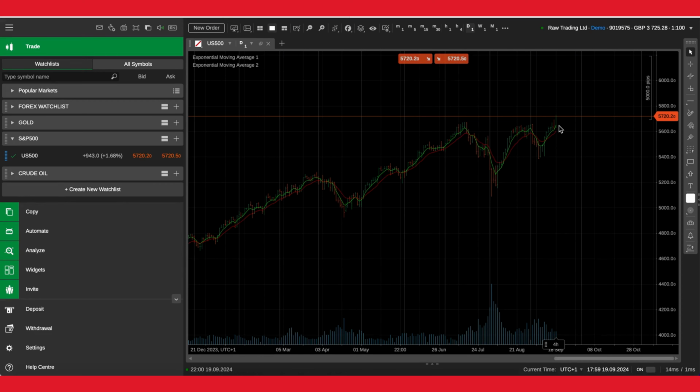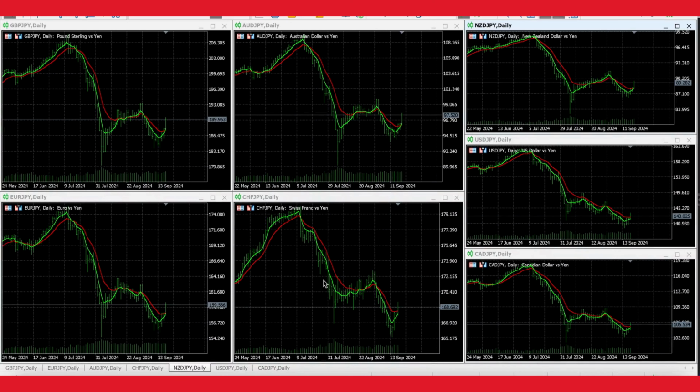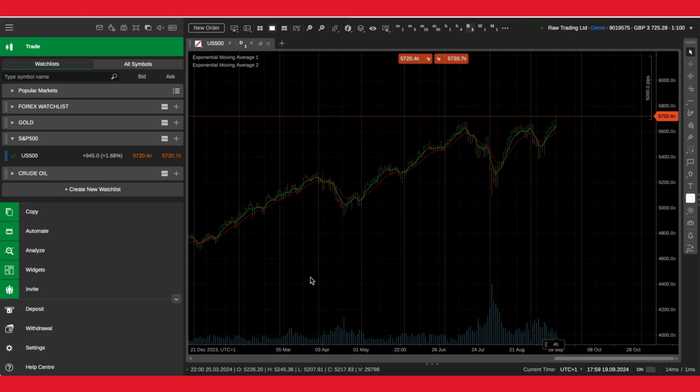But let's go over to the yen. Again, I'm still on a daily chart, and you can see that formation. You can see that consistency there. Yes, you're going to have some individual differences between the currencies, but you can see that consistency play out. So that's the yen correlation with the S&P 500.